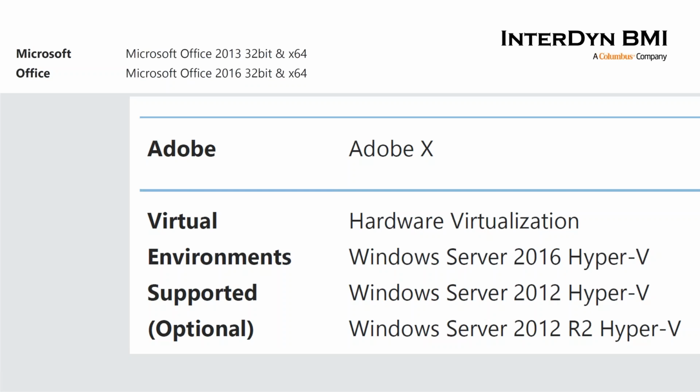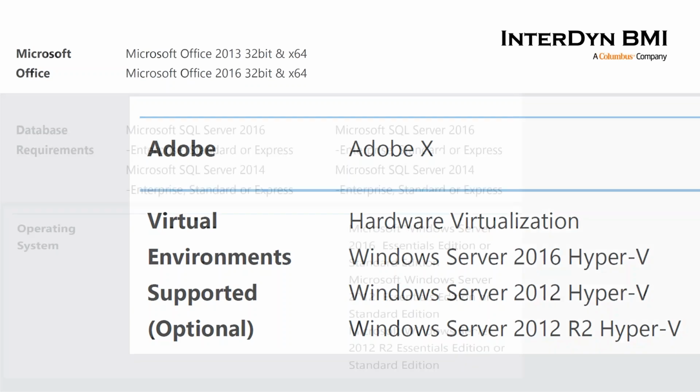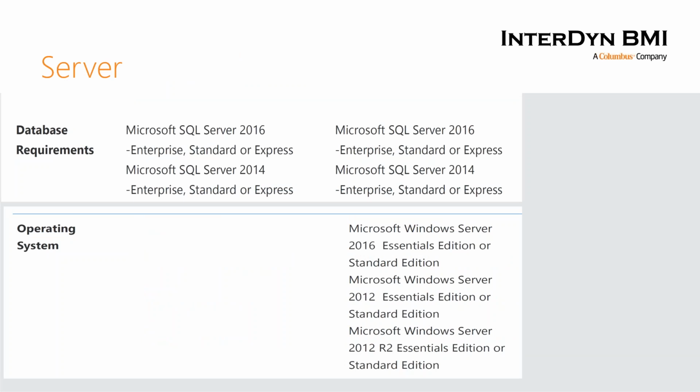GP's been running many years on those as well, and so, like Adobe, there's an official stance that Microsoft has on what they've tested and can support it on. That doesn't at all mean that it won't work on anything else, so just kind of playing by the rules here with the Microsoft family.